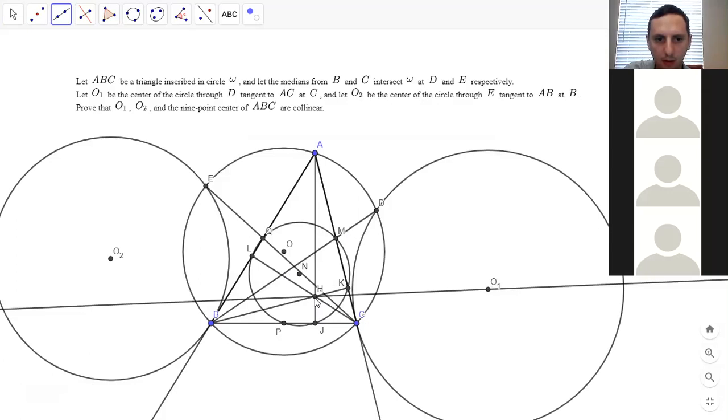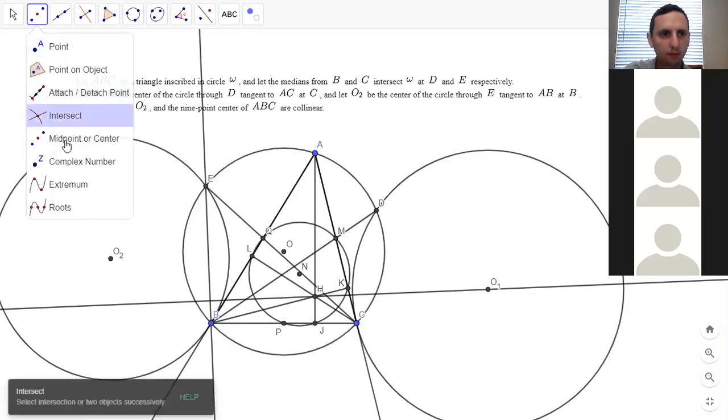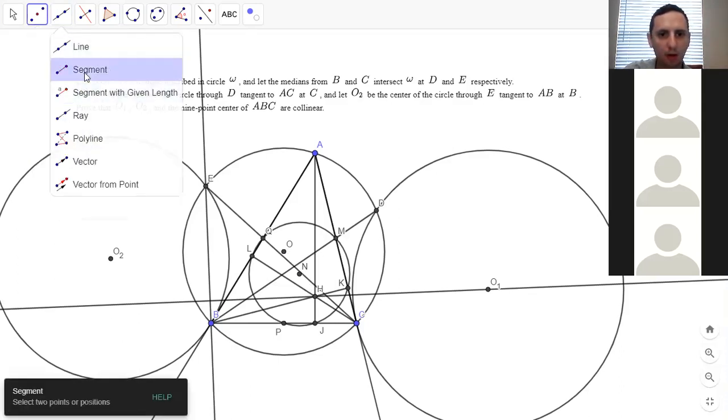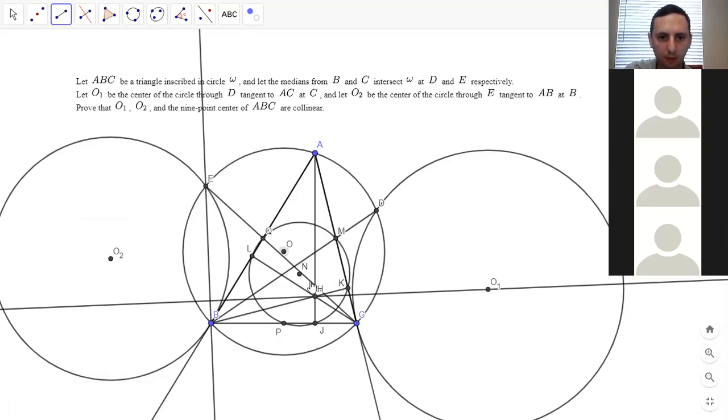Yeah, it's perpendicular to EB. Oh, EB. Yeah. Sorry, I thought you said ED. I was confused. Okay. But we know EB is perpendicular to O2, right? Yeah. We must prove that. Okay. So N is the midpoint of OH.